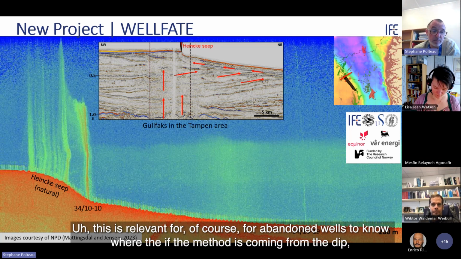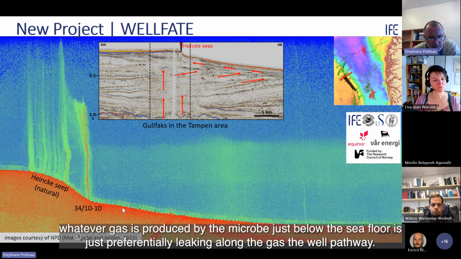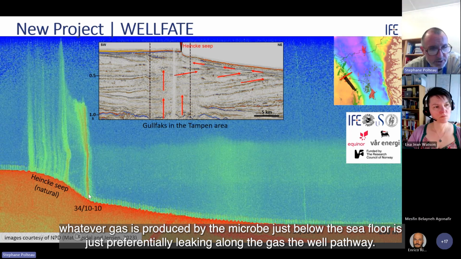This is relevant for abandoned wells: if the methane is coming from the deep, that means there is a real problem with your well. And if it's coming from the shallow, that will mean that whatever gas is produced by the microbes just below the seafloor is just preferentially leaking along the well pathway.